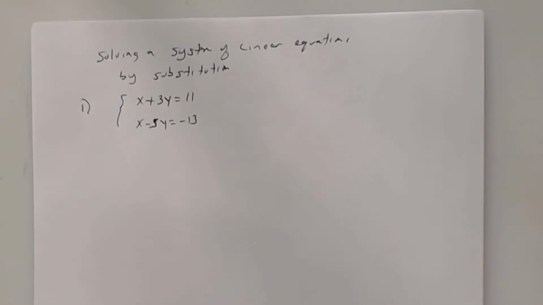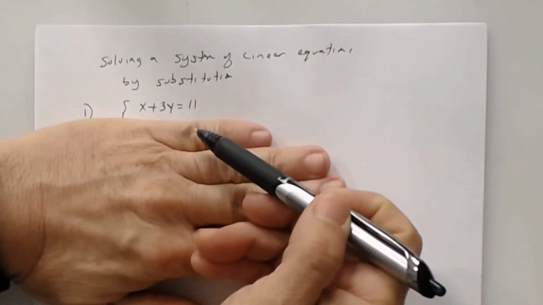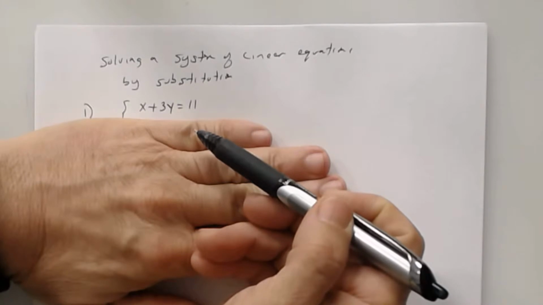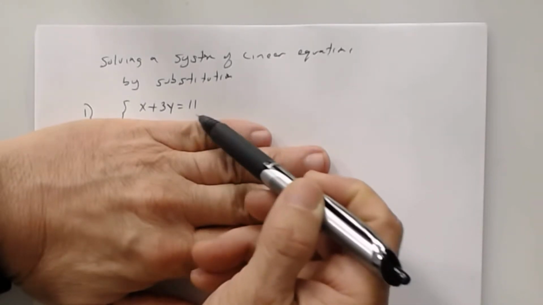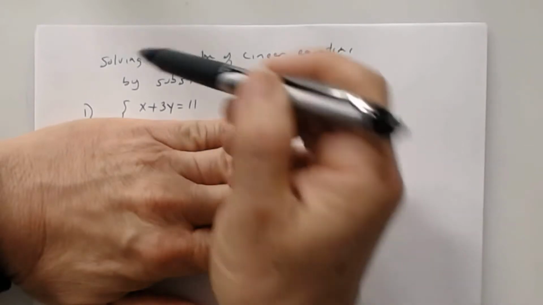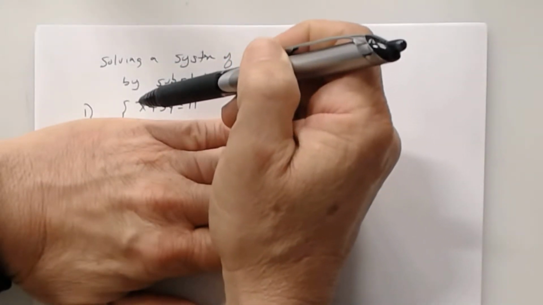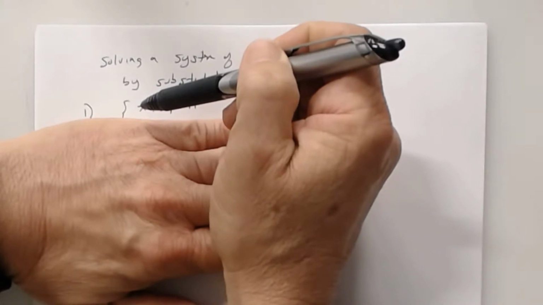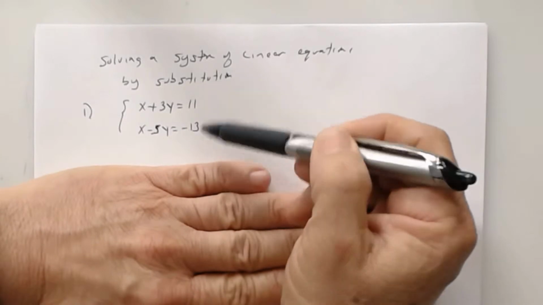If I look at the first one, which variable is easy to get by itself fast? The x. Not the y, because at some point you're going to have to divide by 3. So when you isolate the variable, you really want the coefficient to be 1. That's the best one to use. But the second one's the same way, right? So either one would have been fine.